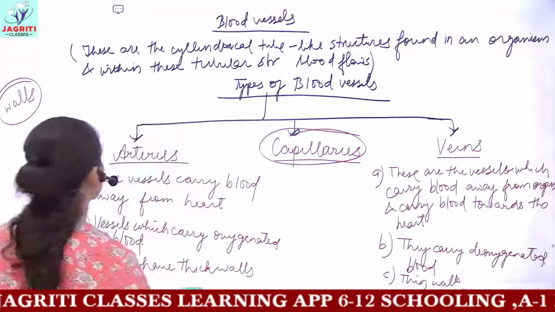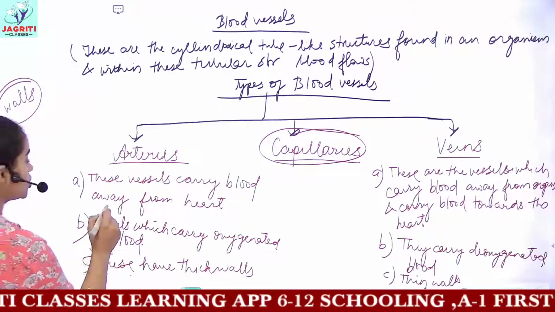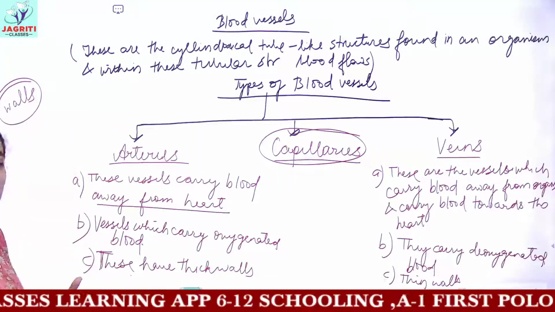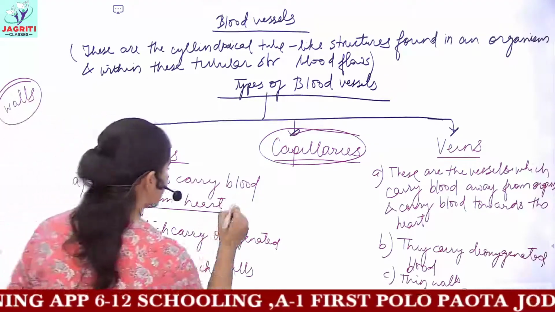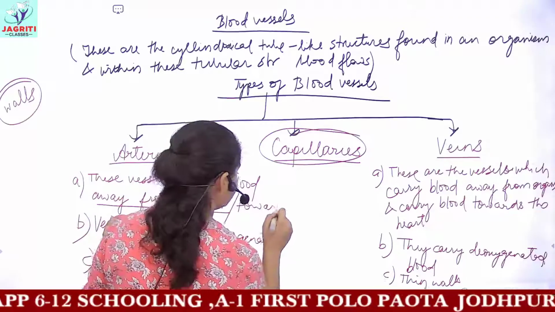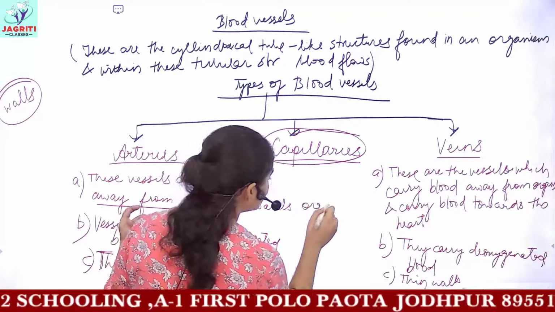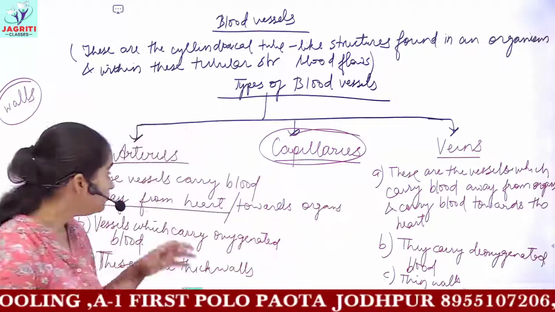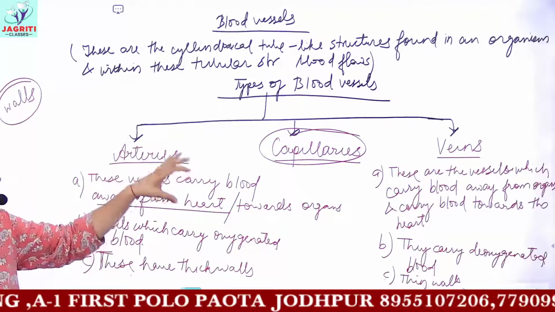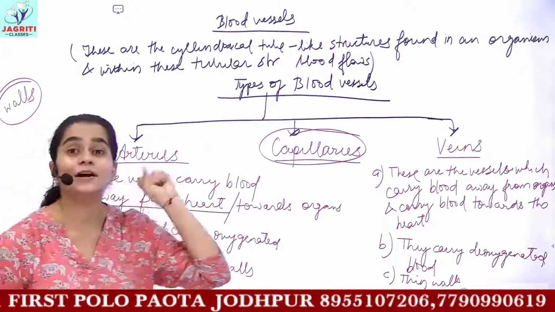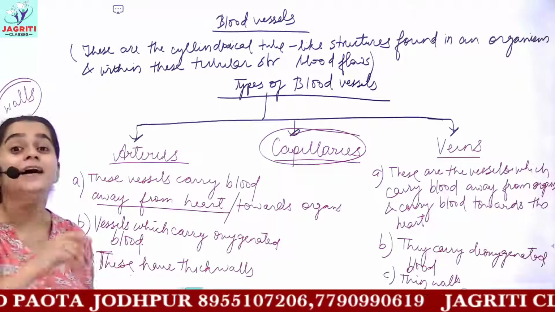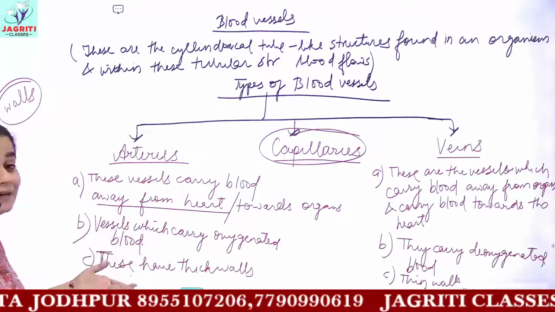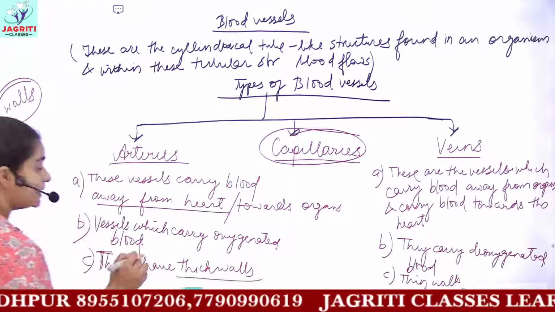So here also, these arteries have the function to carry blood away from the heart, towards different organs. And if arteries are responsible for carrying blood towards the organs, the blood flowing in them would be at high pressure. And to tolerate this pressure, they contain thick walls.